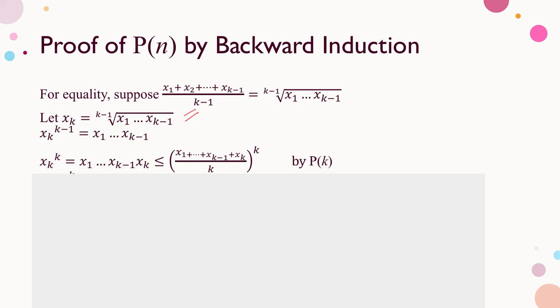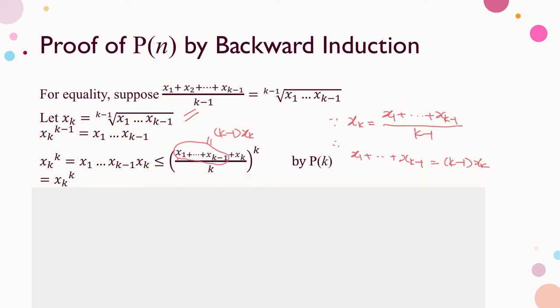By the assumption of P of k, it is less than or equal to the AM with the power k. Replace the sum of k minus 1 terms by xk, simplify, and we have xk to the power k. It equals the left-hand side, and thus the inequality sign is forced to be the equal sign.